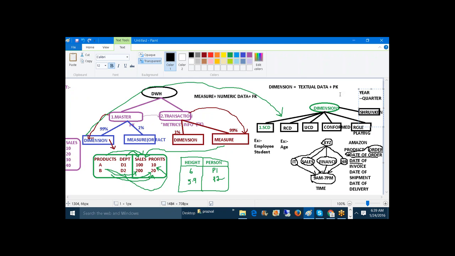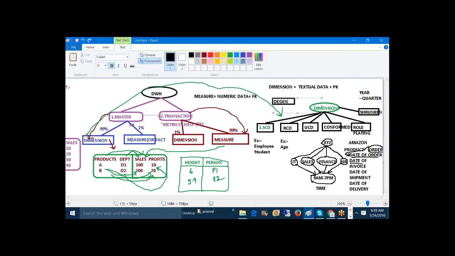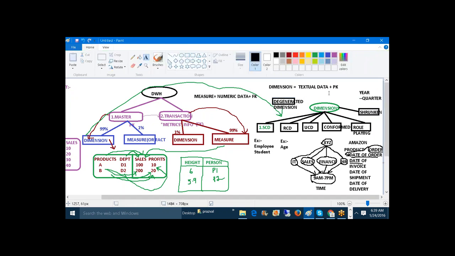Next, the seventh type of dimension is known as degenerated dimension. So what is degenerated dimension? Basically, what is a dimension? The dimension is a combination of primary keys plus textual data, right?